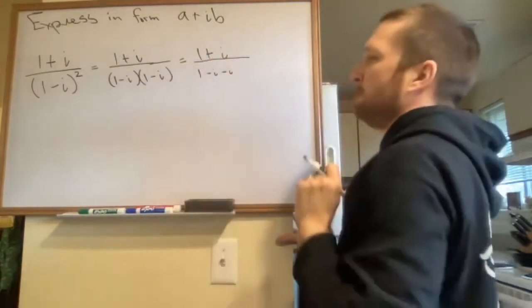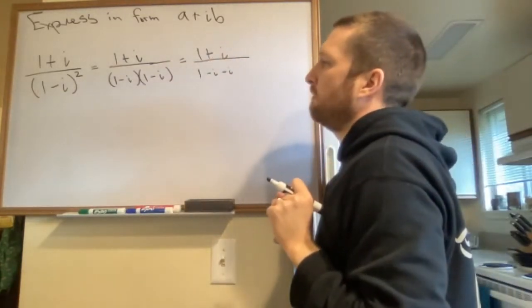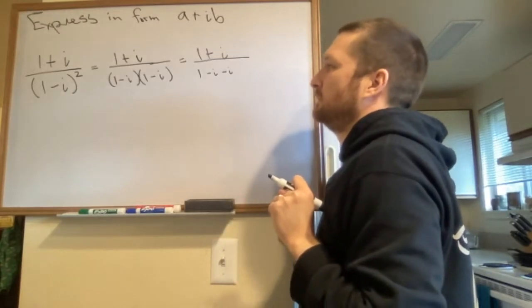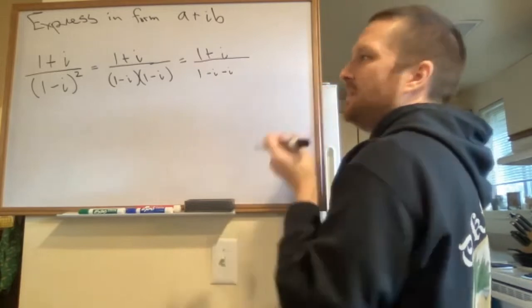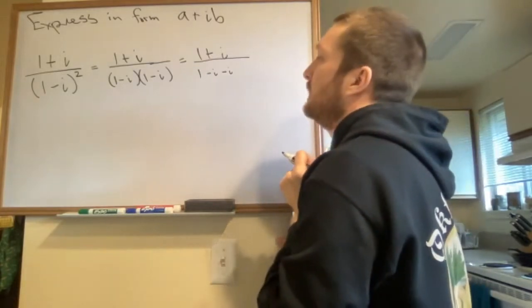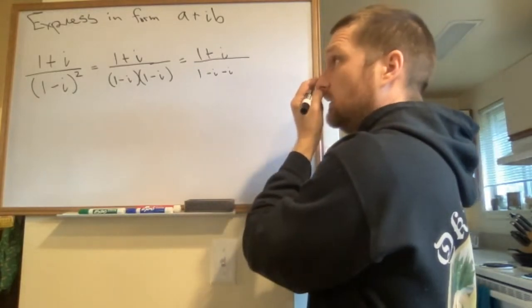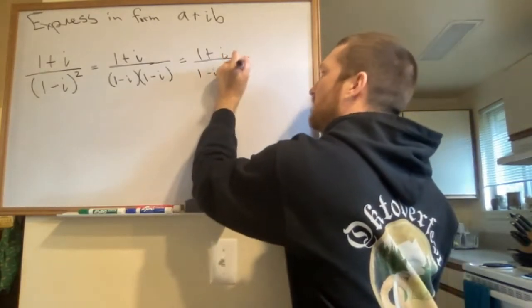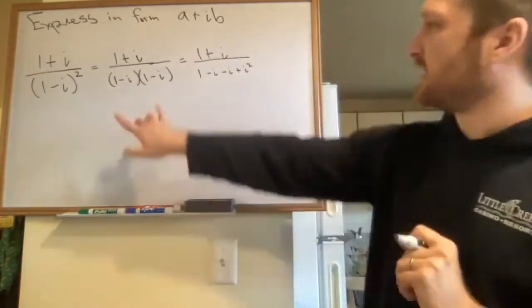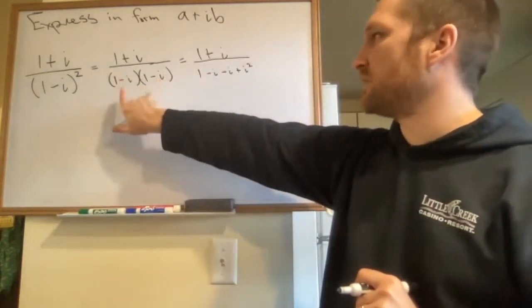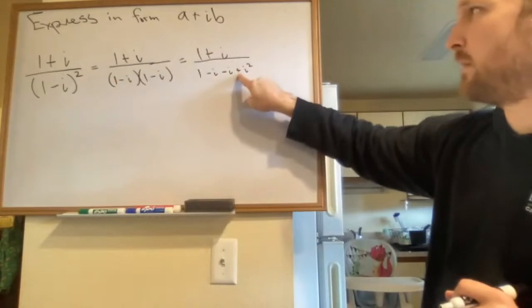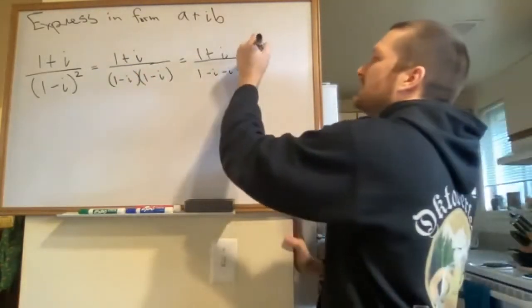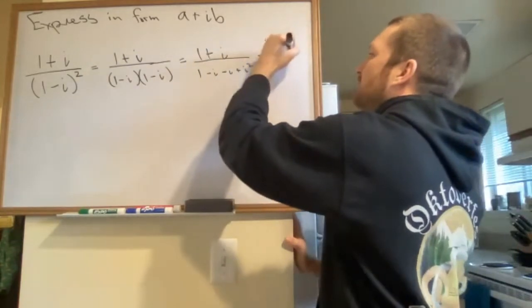And then plus i squared. The way I like to do signs, just in my head, do signs first: negative times negative is a positive. Then I go i and i is i squared. Okay. So now let's simplify this a little bit.